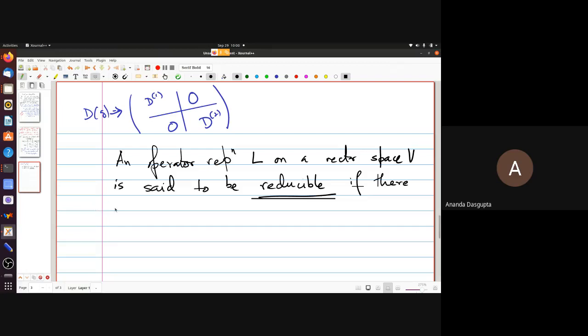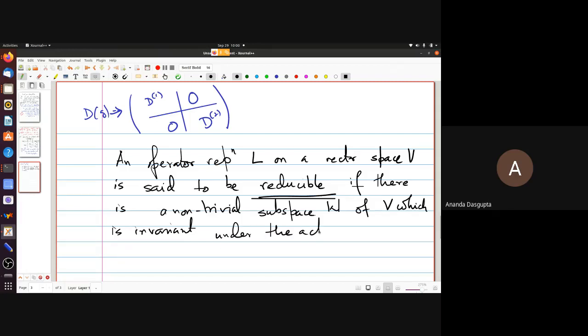If there is a non-trivial subspace W which is invariant under L_g for all g.